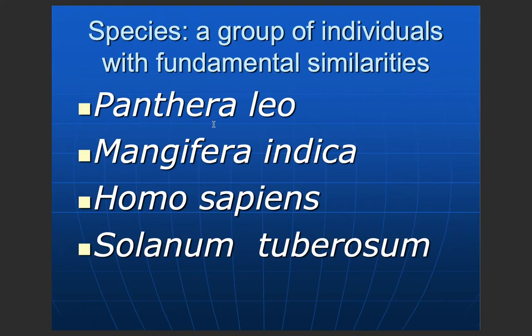In the same genus Panthera, another animal, the tiger, also belongs, and its name is Panthera tigris. It means the genus Panthera has the lion, and the tiger also comes in this genus. But the species leo indicates the lion. This is the scientific name of the lion, and Panthera tigris is the scientific name of the tiger.